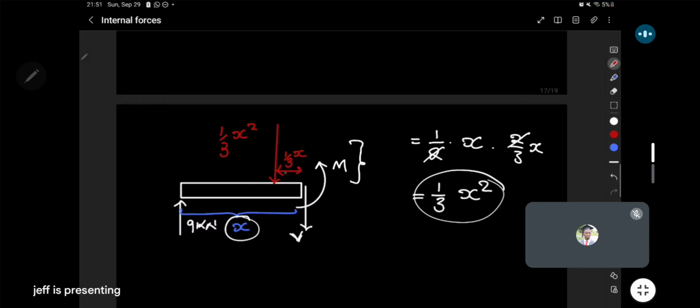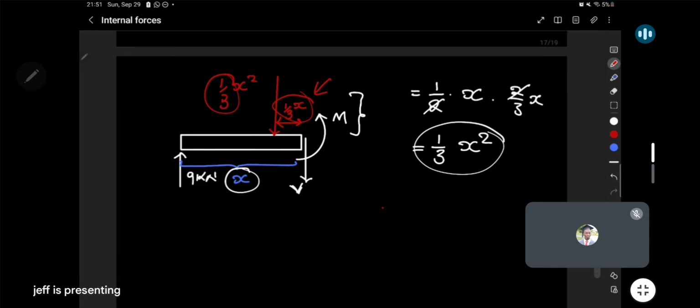I hope you don't confuse this 1 over 3 and this 1 over 3. This one is determined in calculus: if you have a triangle of this nature with base B, then the distance from here to here will be 1 over 3 of the full base. This is where the center of mass will be, from the centroid.